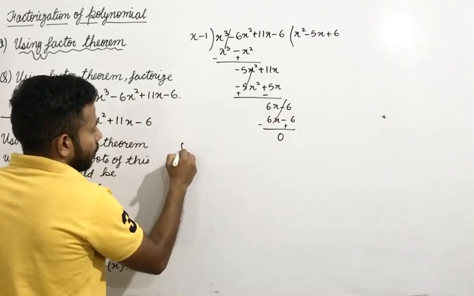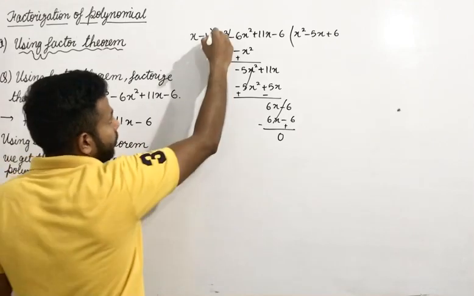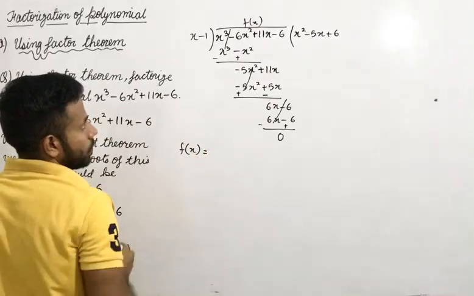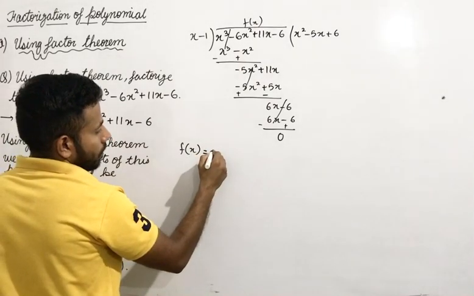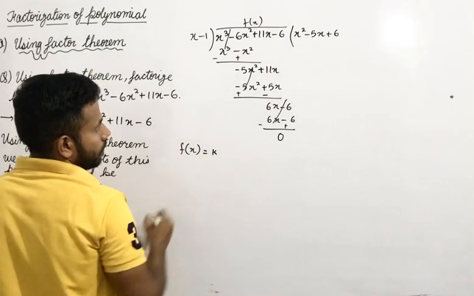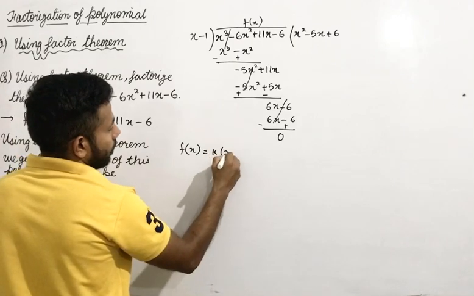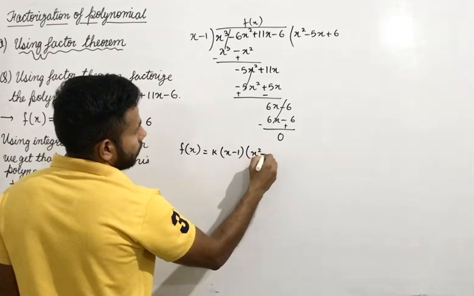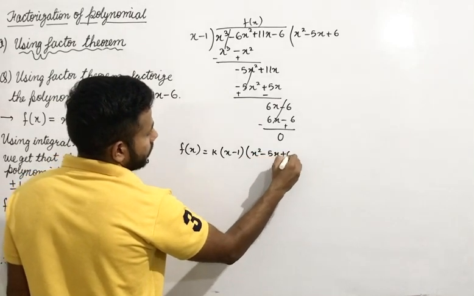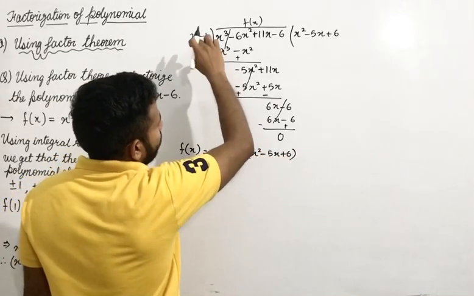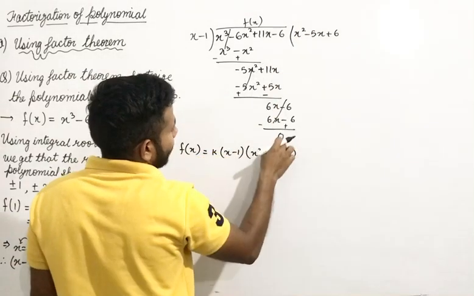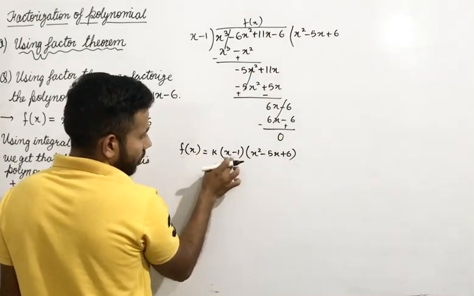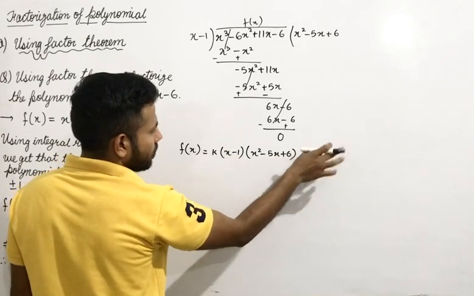So f(x), this is f(x), equals k into x minus 1 into x square minus 5x plus 6. Dividend equals divisor into quotient plus remainder. So the remainder is 0, it is null.